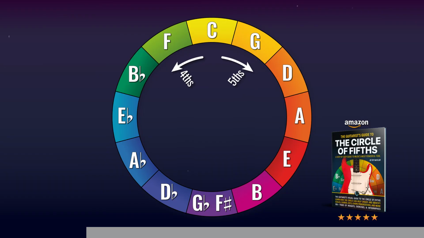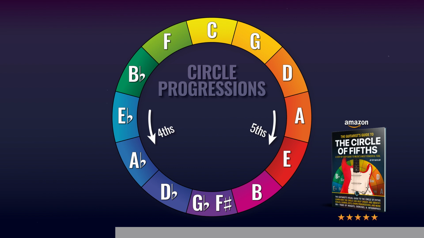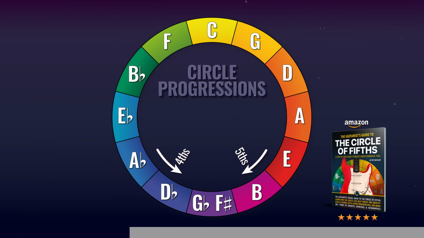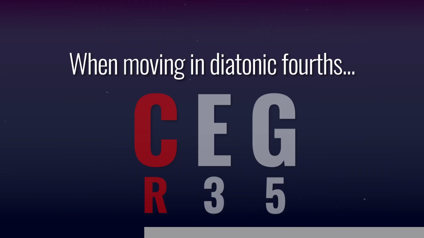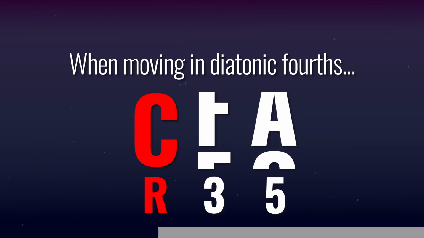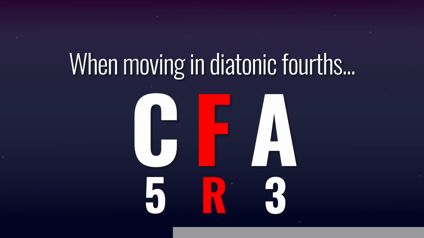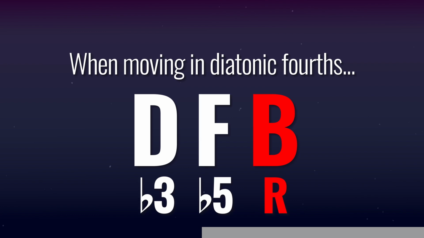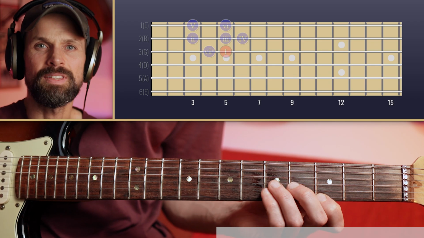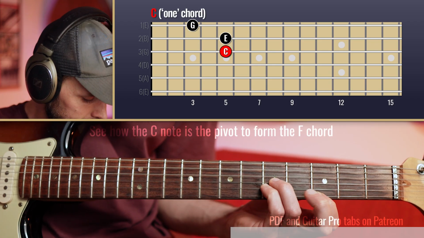Movement in fourths and fifths are found in the circle of fifths, and so I like to think of these as circle progressions. When moving in fourths, the root of chord 1 will stay and become the 5th of chord number 2. And as you do it, the chord shape will move up the fretboard into a higher fret. So let's see C to F in the different playing positions.